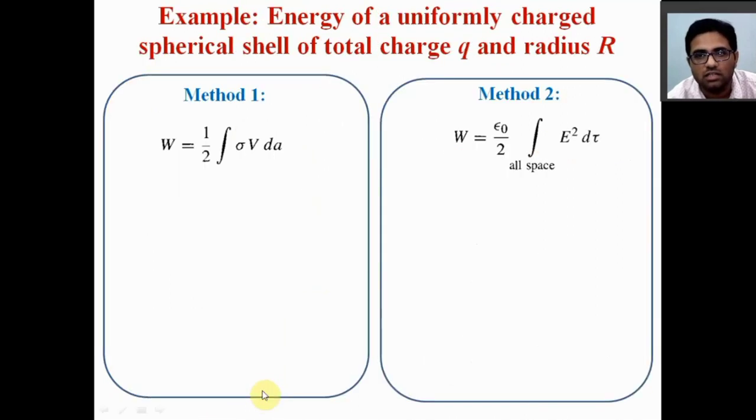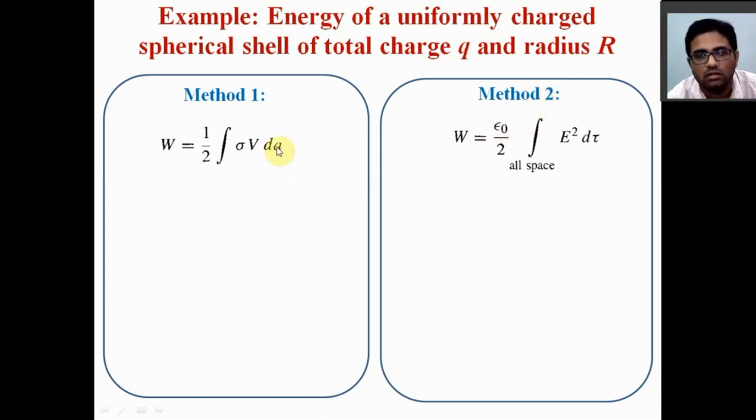Now let's discuss one example, then you will understand how to use those formulas to find out the electrostatic energy of a system. So here the example is, we want to calculate the electrostatic energy of a uniformly charged spherical shell of total charge Q and radius capital R. So here we will solve this in two methods.